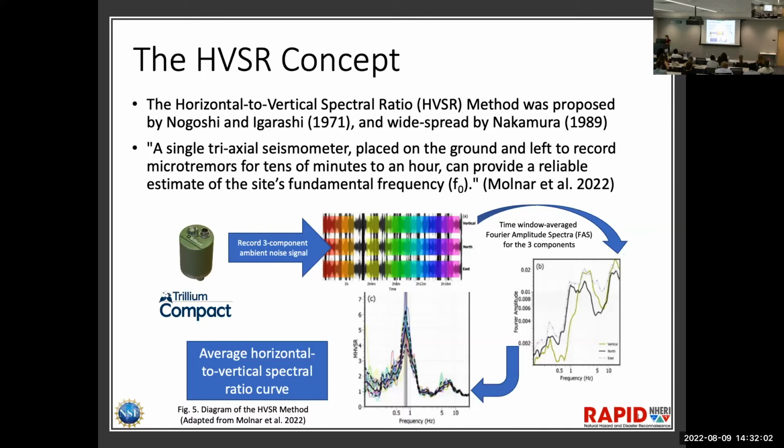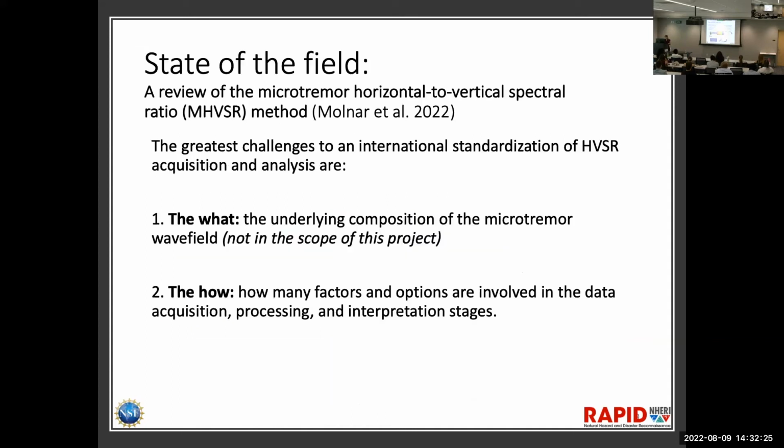Then we resolve the horizontal components, because there are 3 components, and develop the average horizontal to vertical spectral ratio curve. It's been well proven empirically that the lowest frequency peak, as seen in the bottom center image, can provide a reliable estimate of the site's resonant frequency. As seen on the x-axis, it's about 0.8 hertz here.